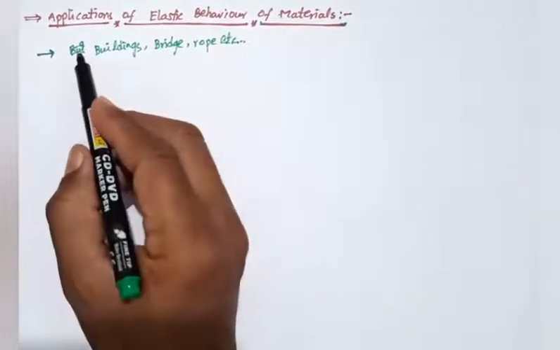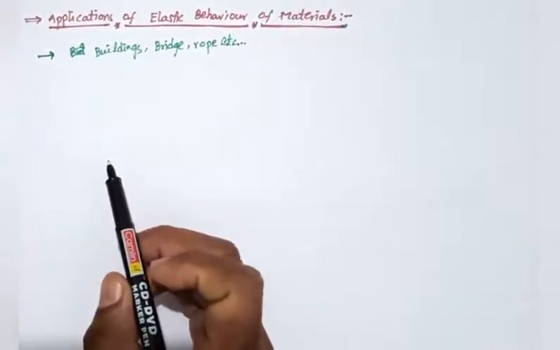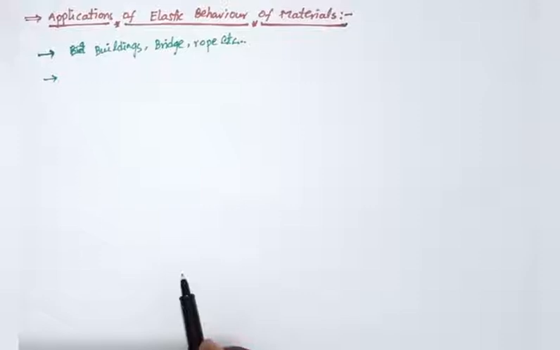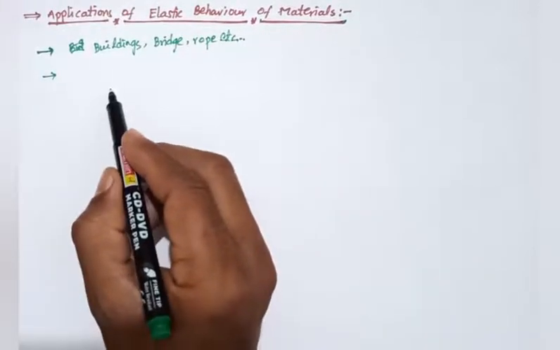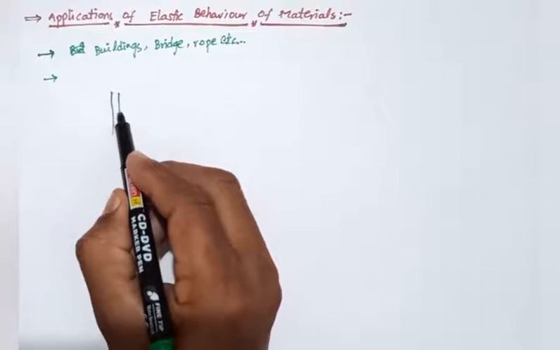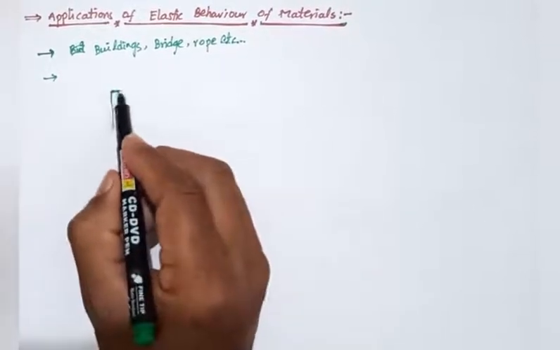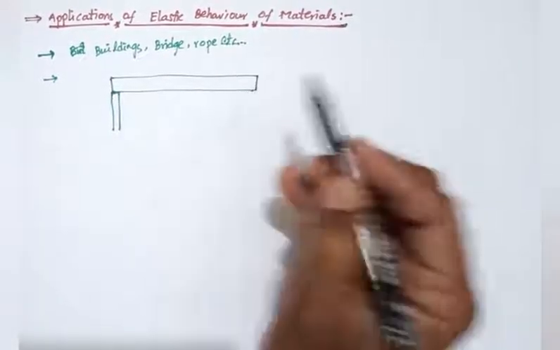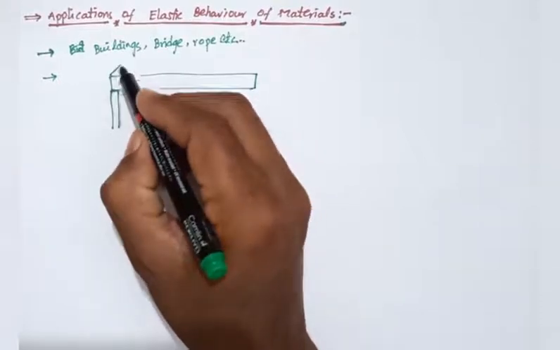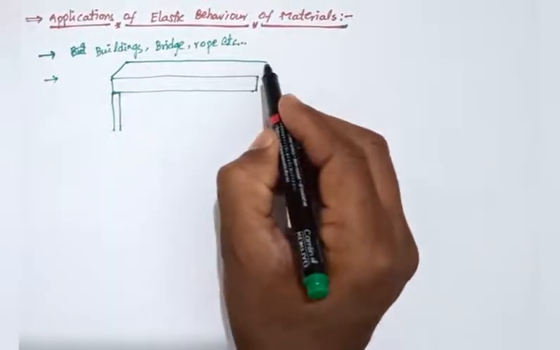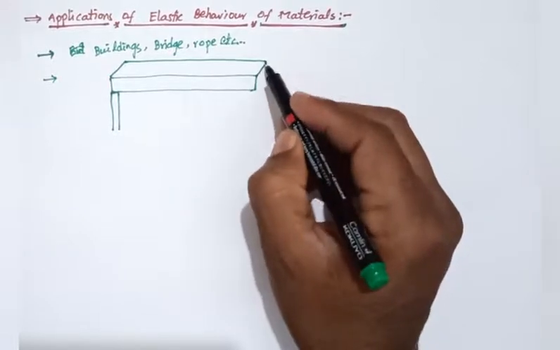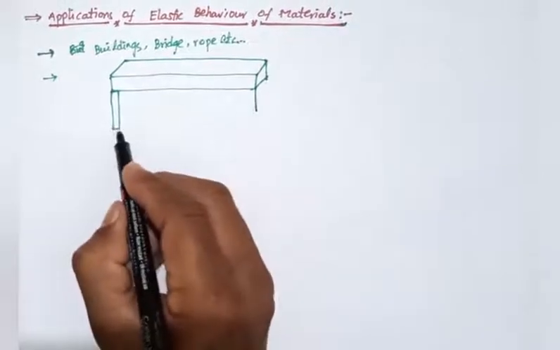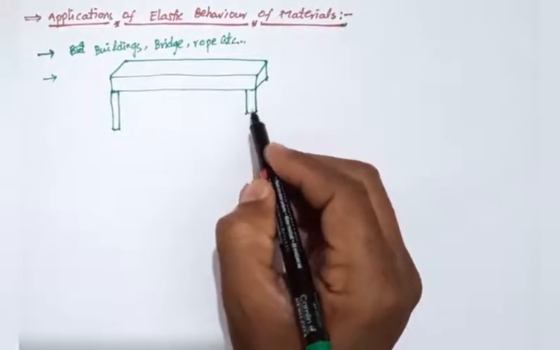Already we learned this in the stress strain curve and elastic behavior of materials. For example, let us consider a bridge supported end to end on two pillars.